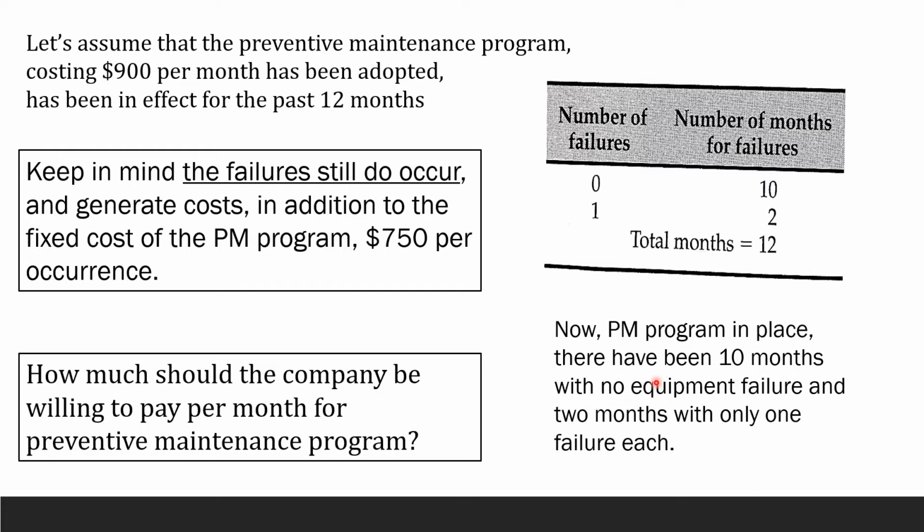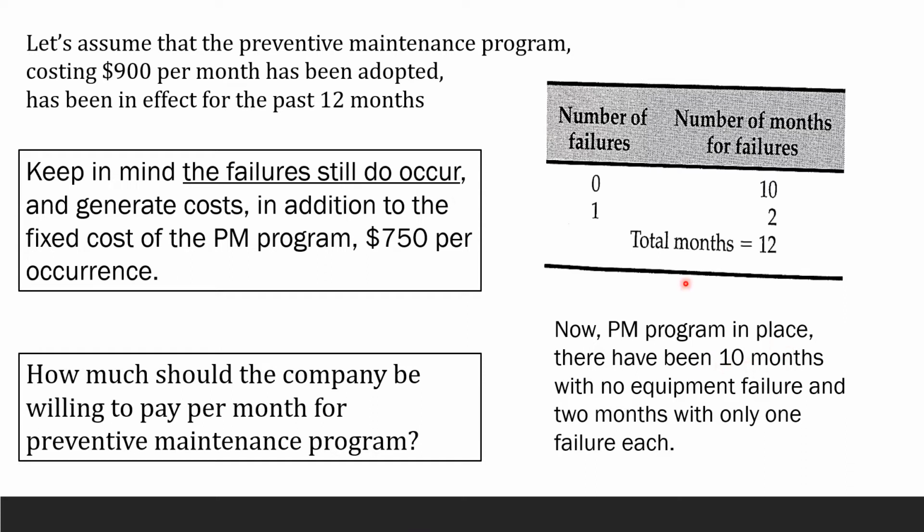That's your expected breakdowns. So how much should the company be willing to pay per month for the maintenance program? Is it okay with $900, as we do it for 12 months?